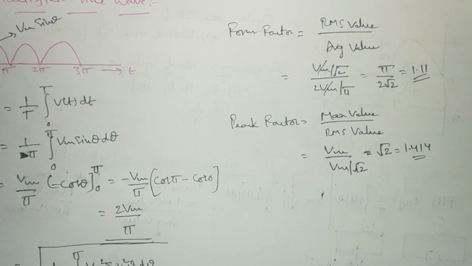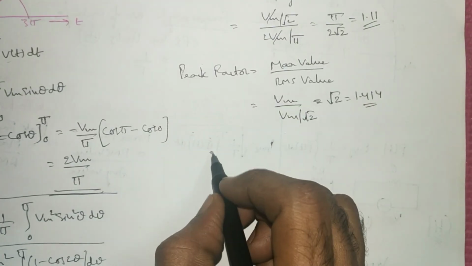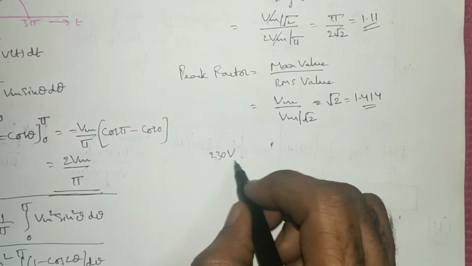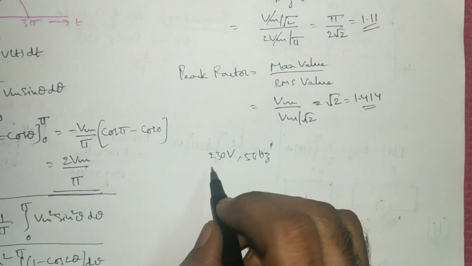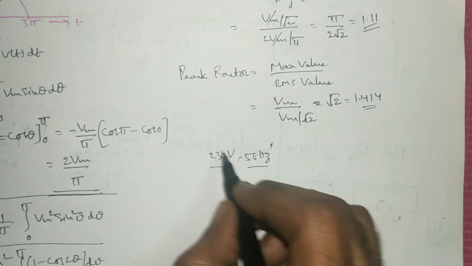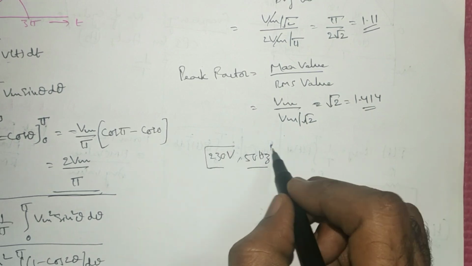That is how an AC voltage can be recognized. Let me tell you one example. For our household purposes, we generally say 230 volts supply. When we consider our single phase supply, we say 230 volts, 50 hertz supply. What does this 230 volts refer to?